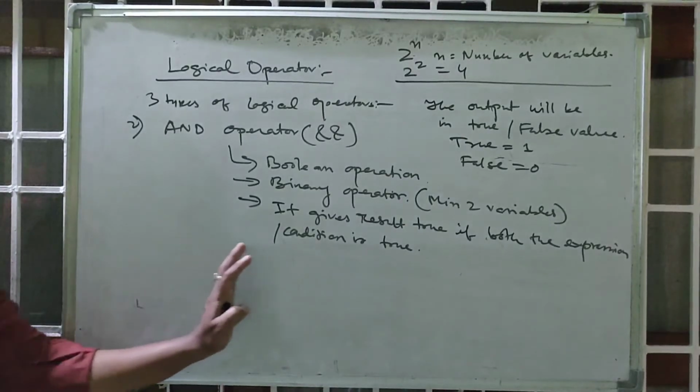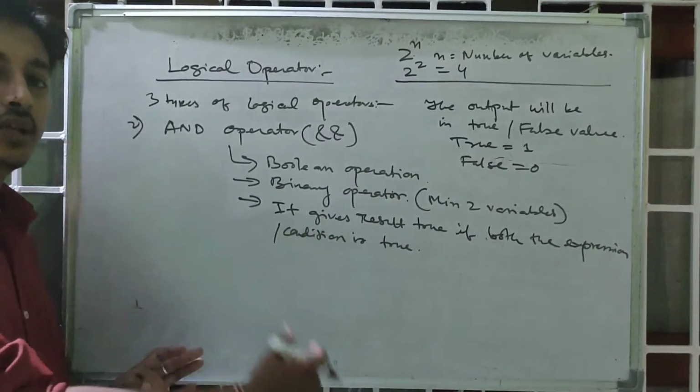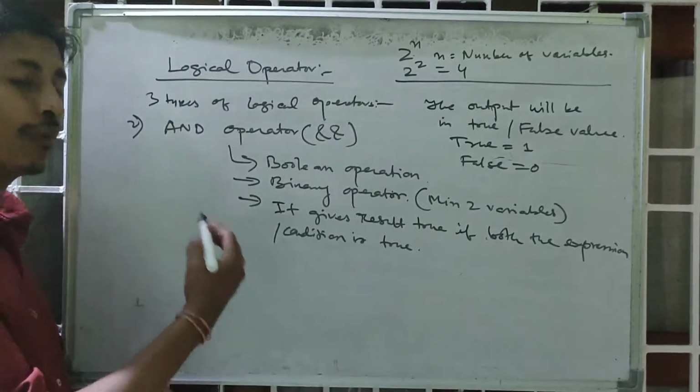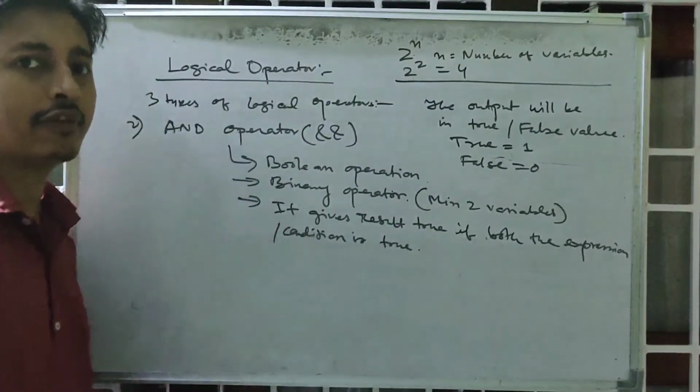If both the expressions or conditions are true, then it will give the answer true. But in the OR operator, what happens? If either one expression is true, the answer will be true.